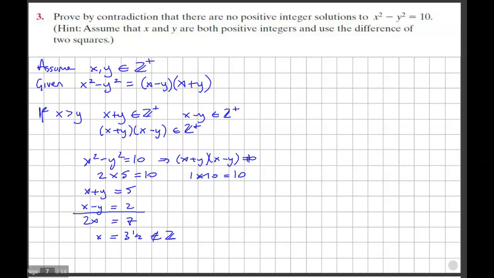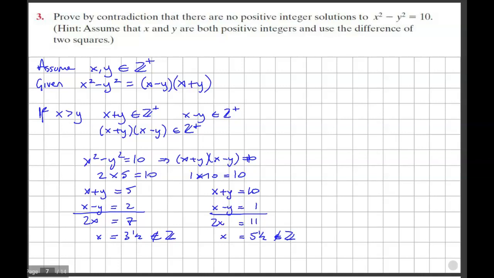It's not a whole number. Likewise, if we look at the other scenario where x plus y is equal to 10 and the difference x minus y is equal to 1, if we again use simultaneous equations, we find that 2x equals 11, therefore x is equal to 5.5, which again is not an integer.